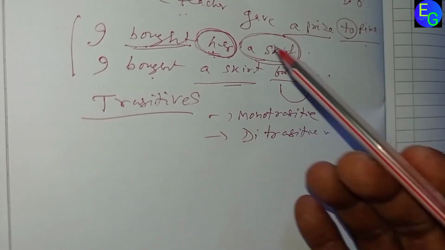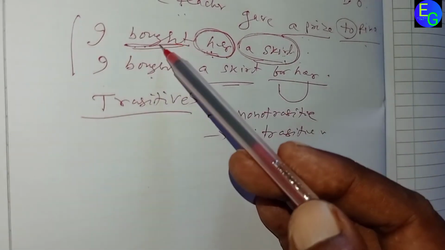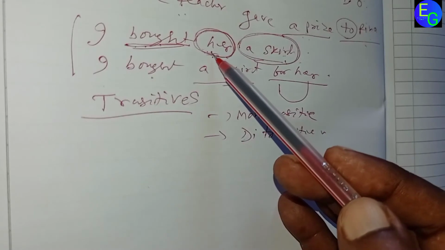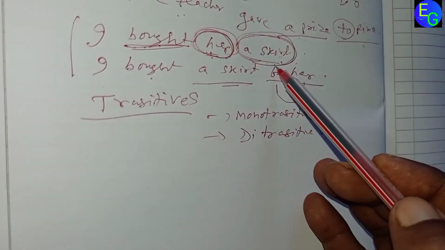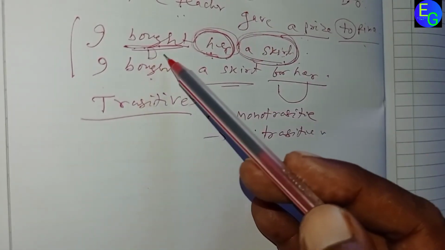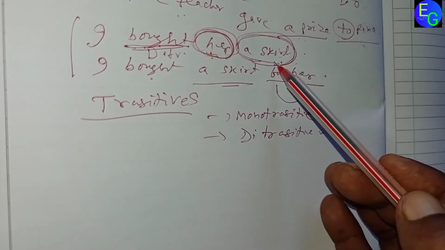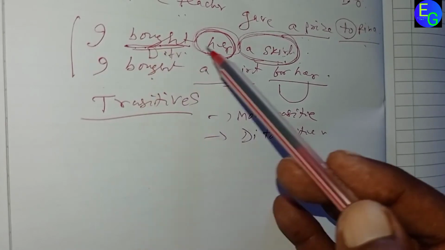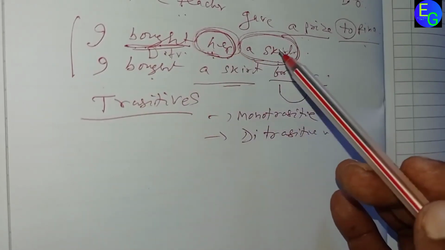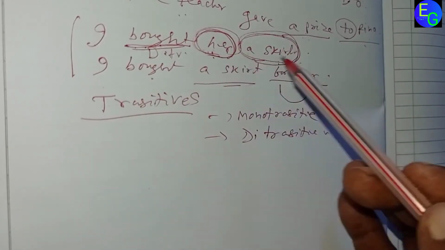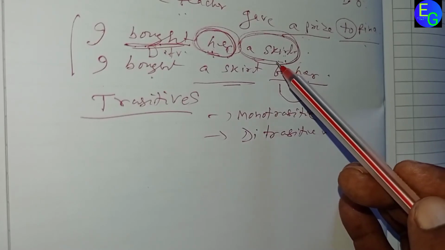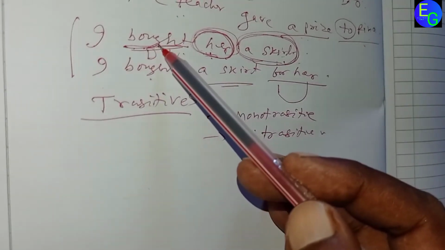You see, if after the verb there are two objects, the verb must be ditransitive. You remember, I bought her a skirt. Here after the verb bought, there are two objects, one is the indirect object and another is the direct object, her and a skirt. So the verb here must be ditransitive.